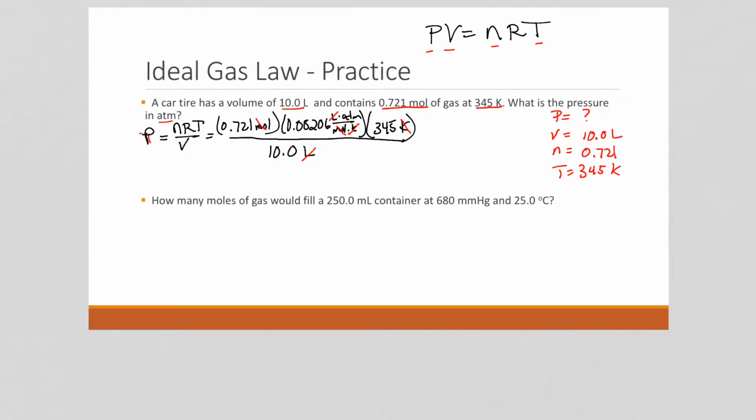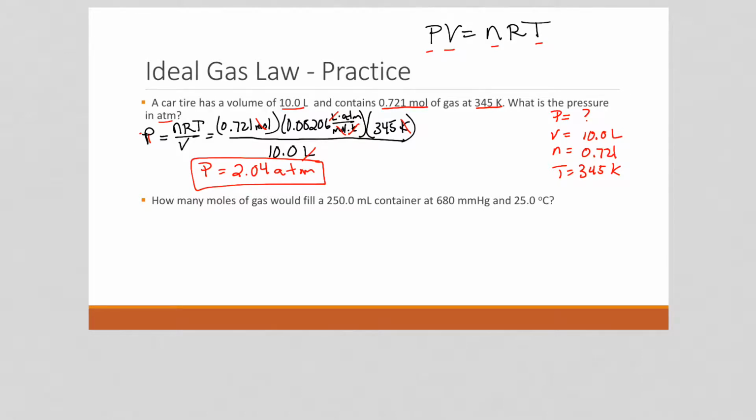If I do my math, my pressure comes up to 3 significant figures as 2.04 atm in this situation. That's the ideal gas law. It's good for calculating a missing variable when we know the other 3.